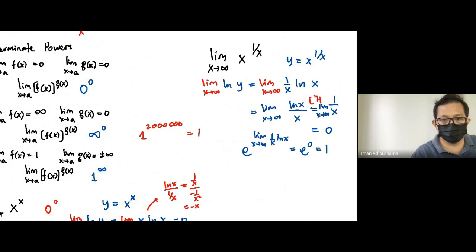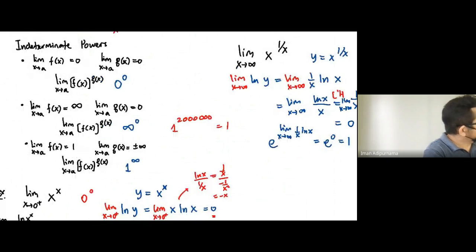And I think there are more examples. Maybe I'll just give you some questions, and then you can try to work them out on your own. But what I want to do next Thursday is just review especially this indeterminate powers, to give you some explanations on this, especially the one with power of infinity and the exceptions.